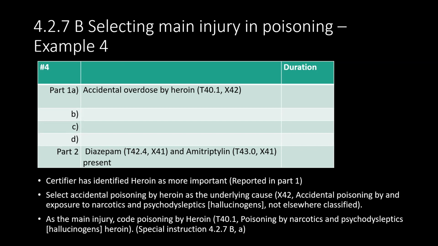Select accidental poisoning by heroin as the underlying cause, X42, accidental poisoning by and exposure to narcotics and psychodysleptics, hallucinogens, not elsewhere classified. As the main injury code, poisoning by heroin, T40.1, poisoning by narcotics and psychodysleptics, hallucinogens, heroin. This is according to the special instruction 4.2.7b, subsection A.